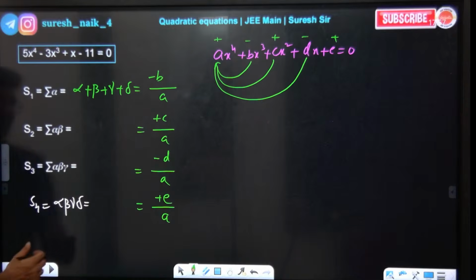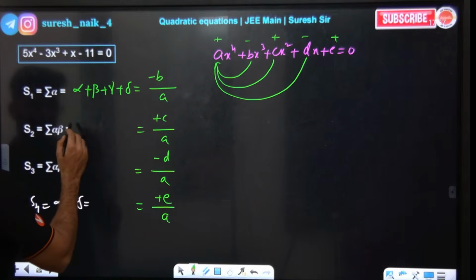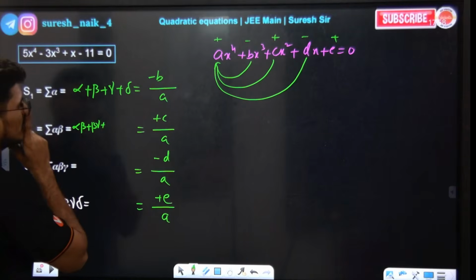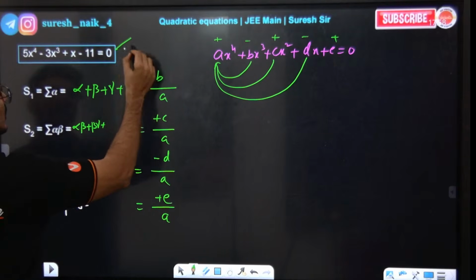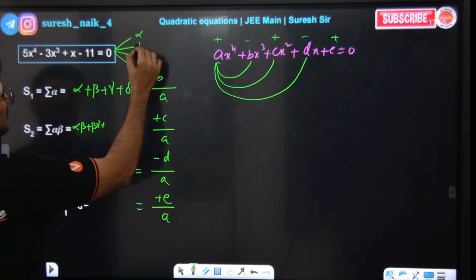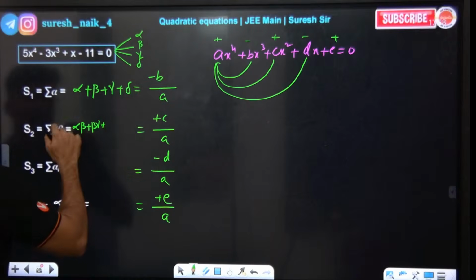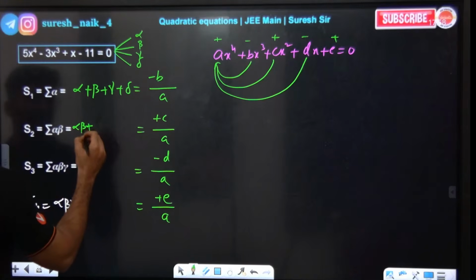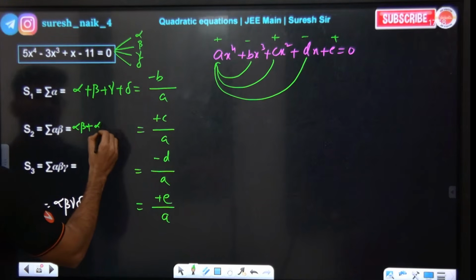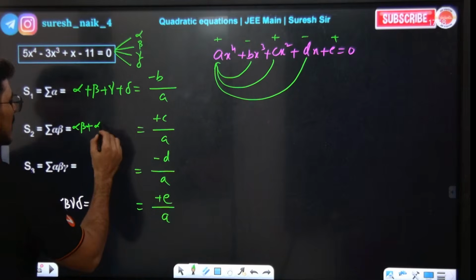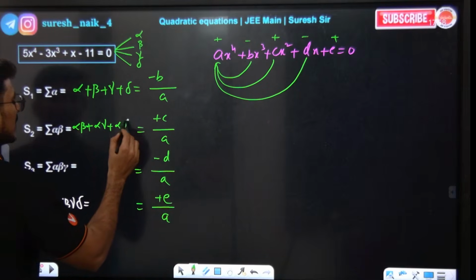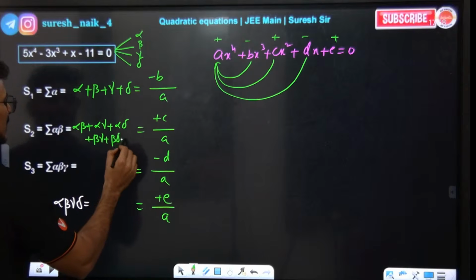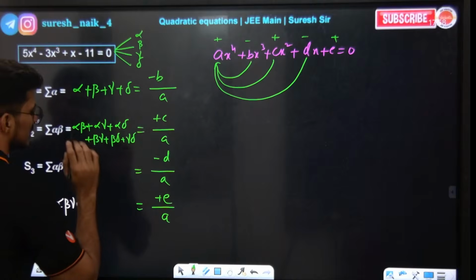Sir, now this has alpha, beta, gamma, delta. So this is alpha beta plus beta gamma. This has 4 roots, so you need to take the combinations: alpha beta, alpha gamma, alpha delta, plus beta gamma, beta delta, gamma delta, which is c by a.